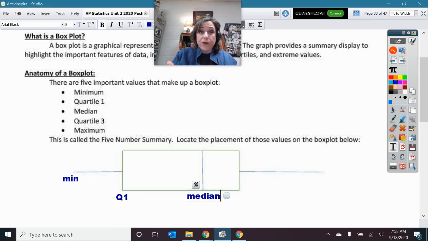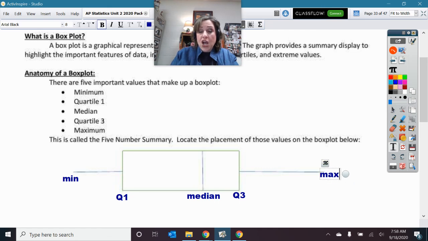If you put the data in order from least to greatest and you found the item that is located in the center, it is not the average, but the item that's located in the center. And then quartile 3, and we'll talk more about what these quartiles are here in a second. So that quartile 3 is the top part of the box, and then, of course, you have your max up here at the top.